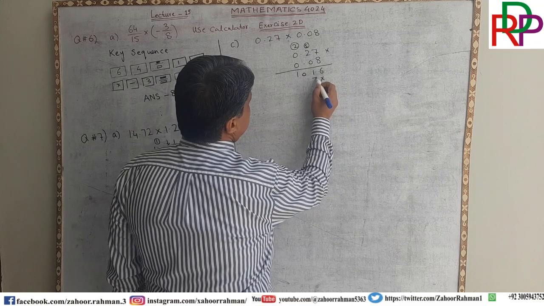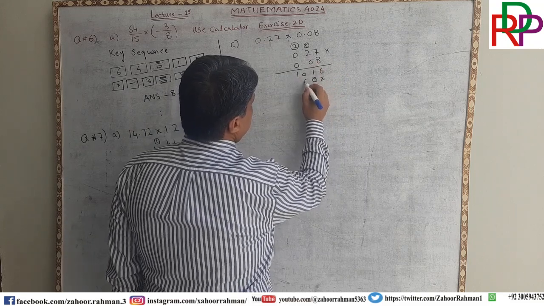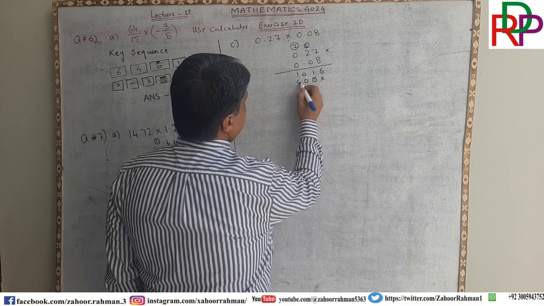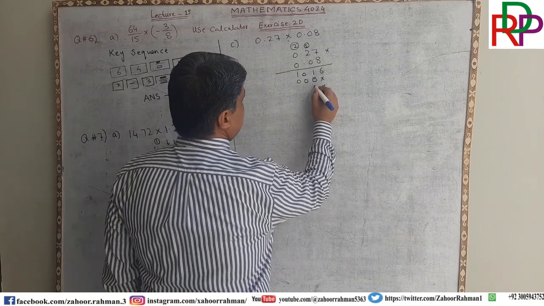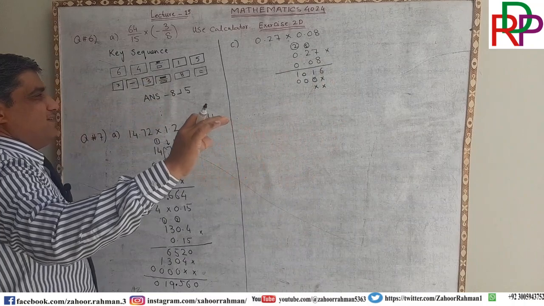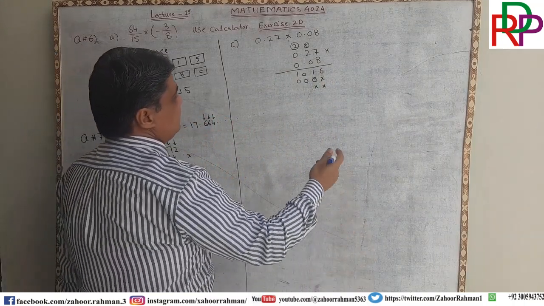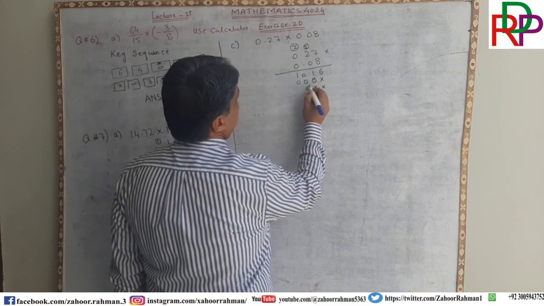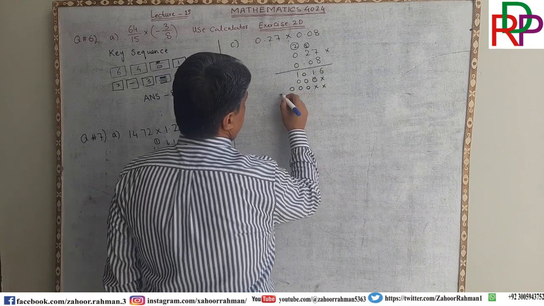0 sevens are 0. 0 twos are 0. 0 zeros are 0. Again you have to put the two crosses for these two digits, the multiplication of which is performed. 0 sevens are 0, 0 twos are 0, 0 zeros are 0.